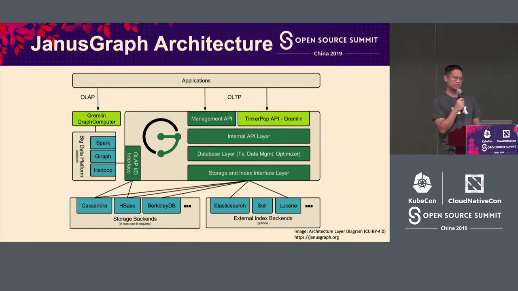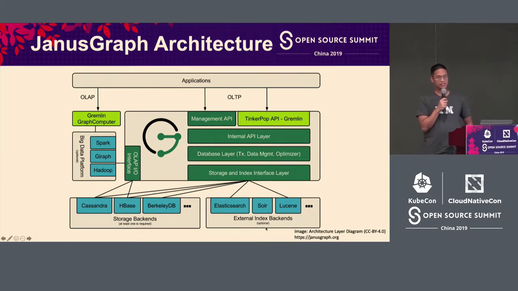So if you already have skills or you already have a data center of HBase, you can use that and you can do graph on top of it. Or if you wanted to, say, compare the performance characteristics of Cassandra versus HBase, you can do that. Google, our partner, they have Google Cloud Bigtable, which is based on the HBase spec. So you can move easily using JanusGraph from on-prem to the cloud.